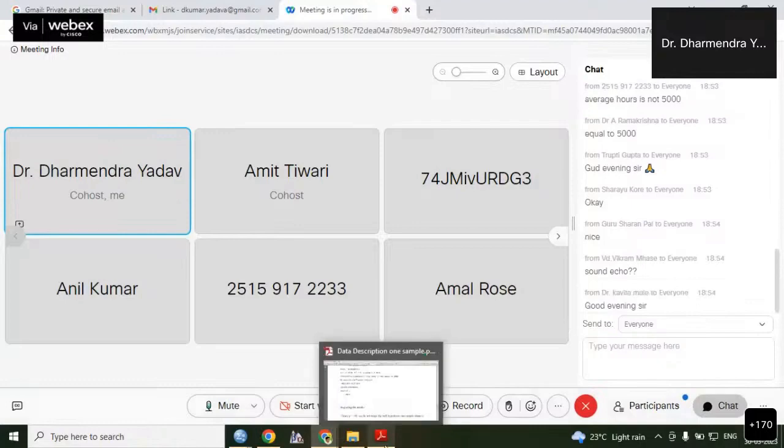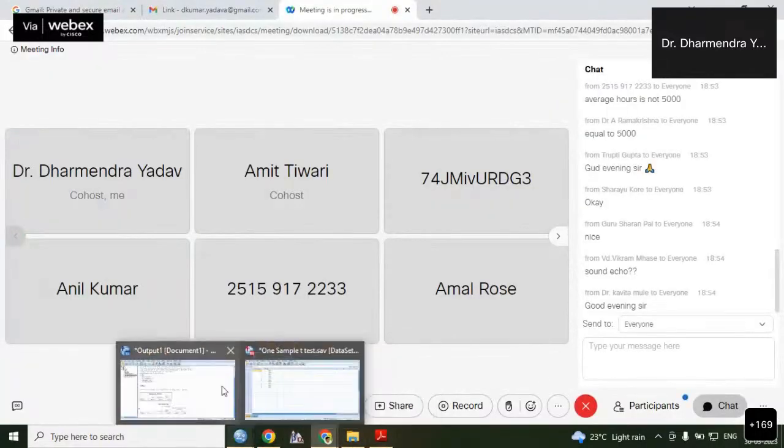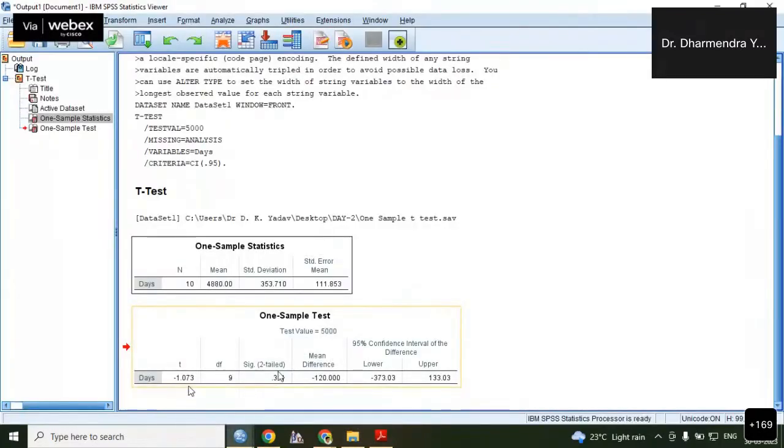So now let's check our p value. Our p value is 0.311. I told you yesterday that if p value is greater than 0.05, then our null hypothesis will be accepted.